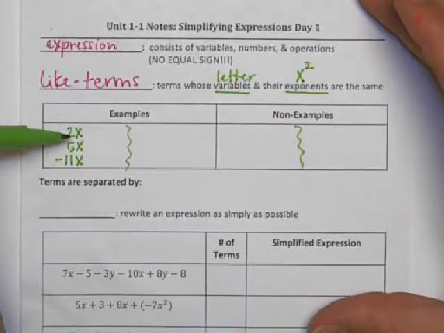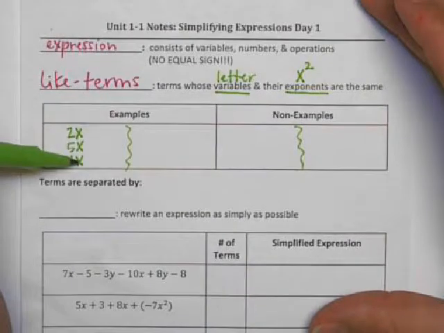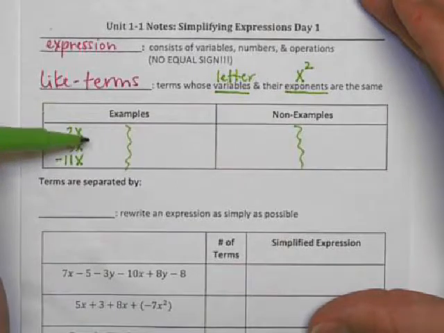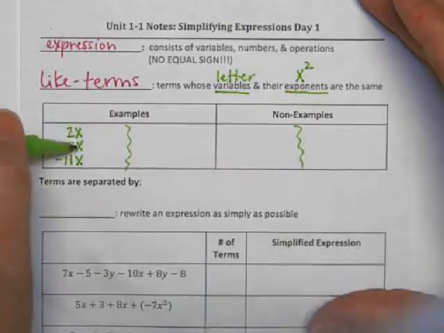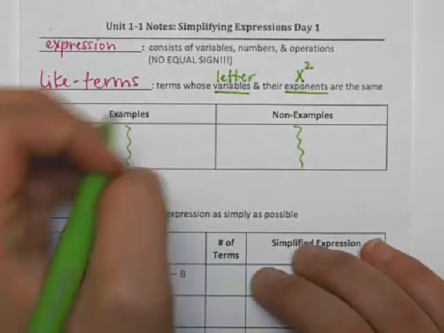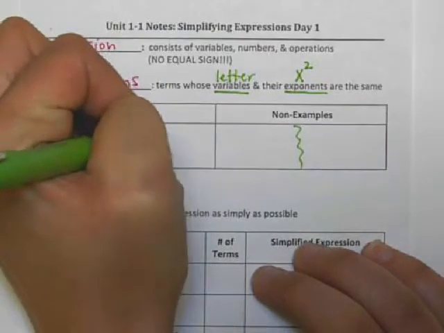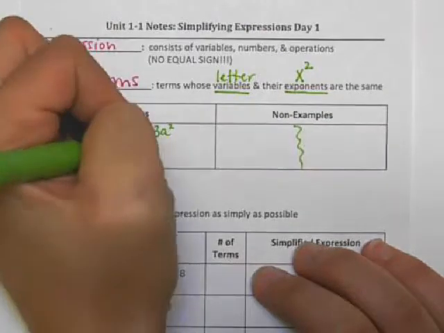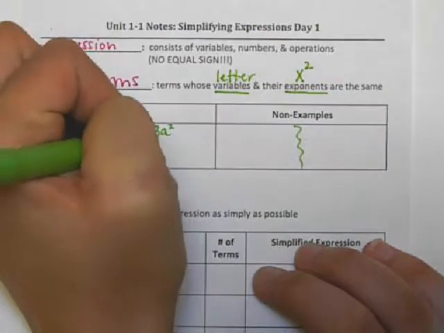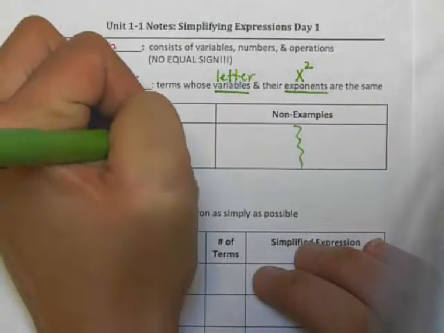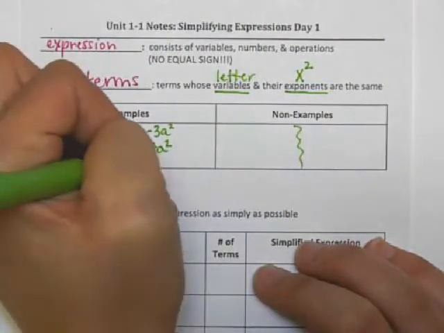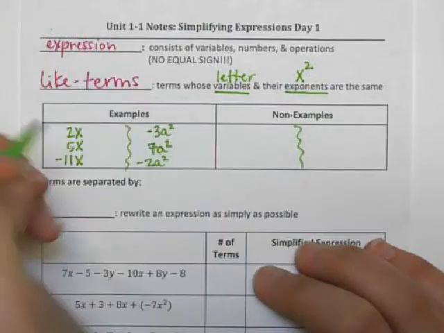So these are considered like terms because they all have the same letter and exponent, which is that they don't have an exponent written down. Okay, so that's all the same. Another example could be negative 3a squared. Could be a like term with 7a squared and negative 2a squared.